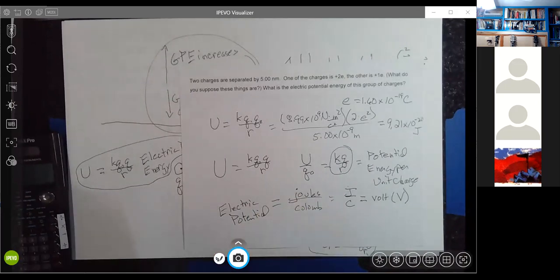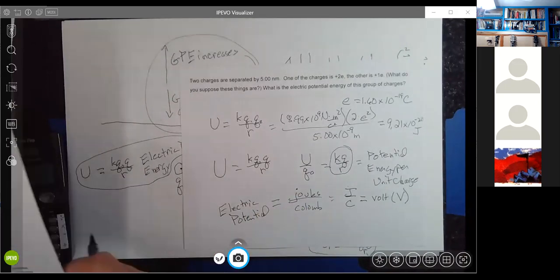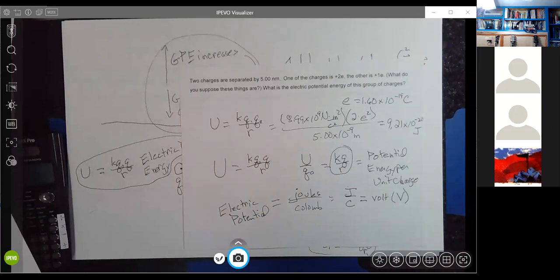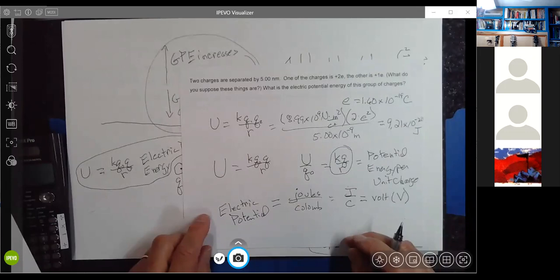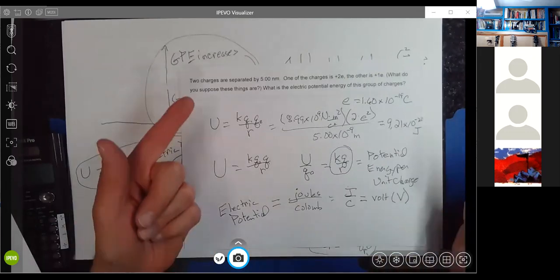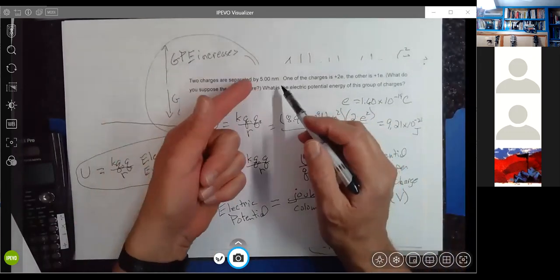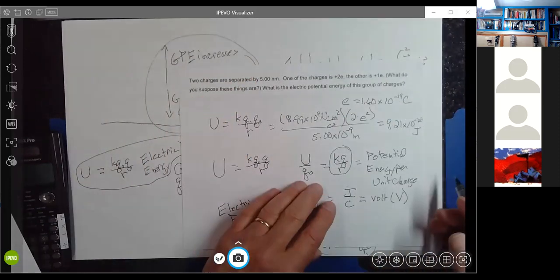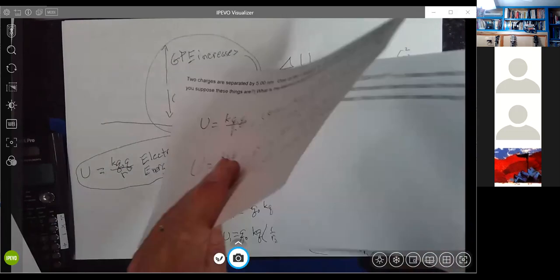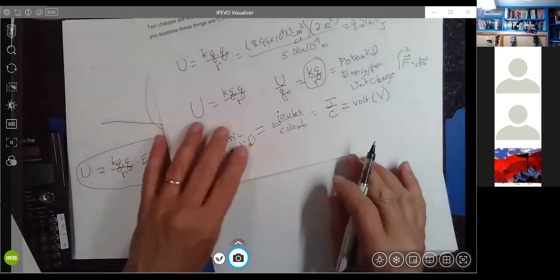So we have to be a little bit careful with our definitions of these things. Well, let's see. Let's figure out what the electric potential is just 5 nanometers away from this charge of plus 2e. That's a reasonable thing to calculate.